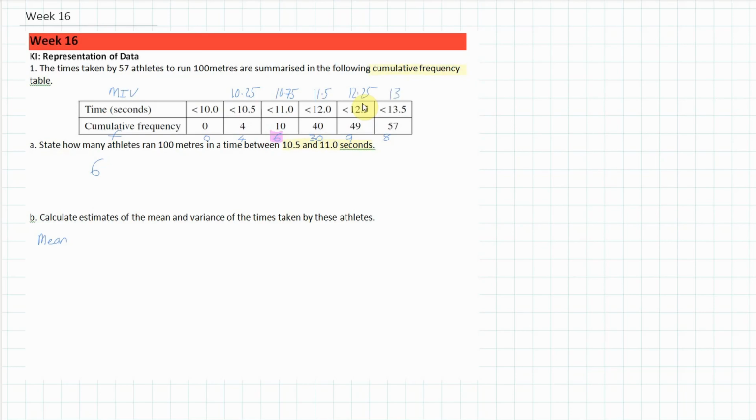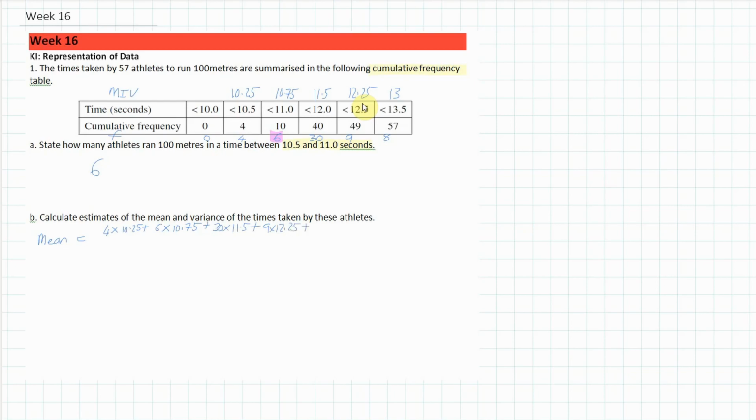Okay. So I guess if we're trying to find out the mean, we're going to go 4 times 10.25 plus 6 times 10.75, plus 30 times 11.5, plus 9 times 12.25.